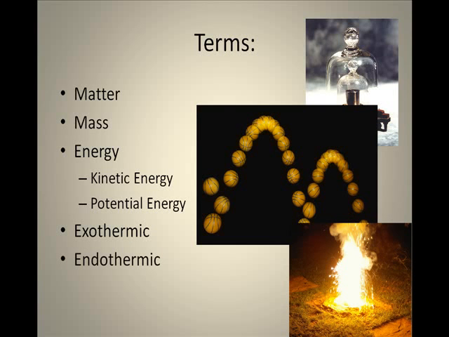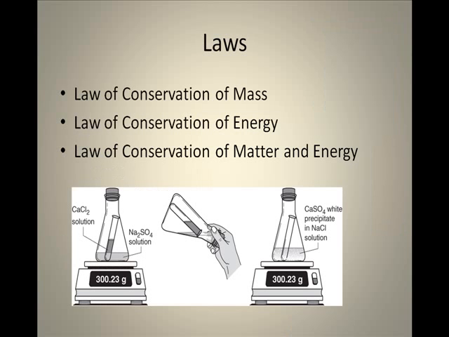Endothermic, on the other hand, is when the energy change is absorbed by a system from the surroundings, and again, it's usually in the form of heat. The image in the bottom right-hand corner is of an exothermic reaction. We know that heat is coming out of this whole thing.